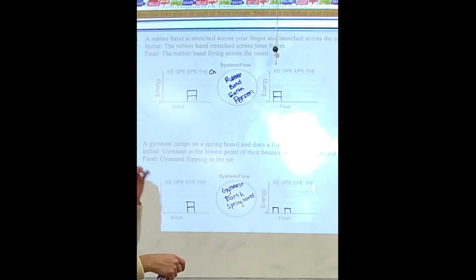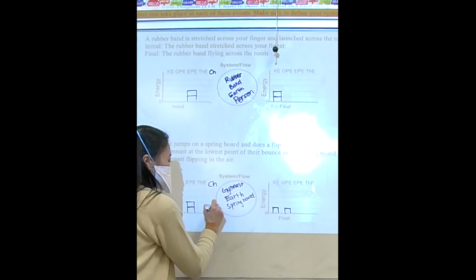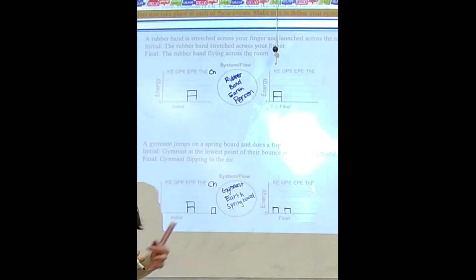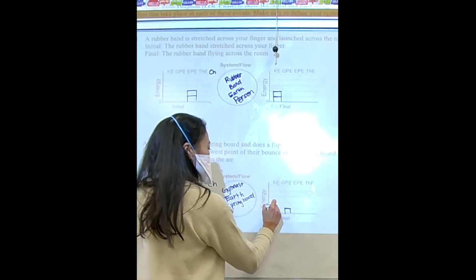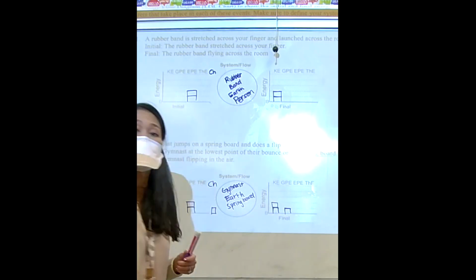Now, another thing that students included was chemical energy from the gymnast. And that makes sense. If the gymnast is pushing off of the springboard, they are exerting energy, and that energy is contributing to maybe more motion or contributing to more height.